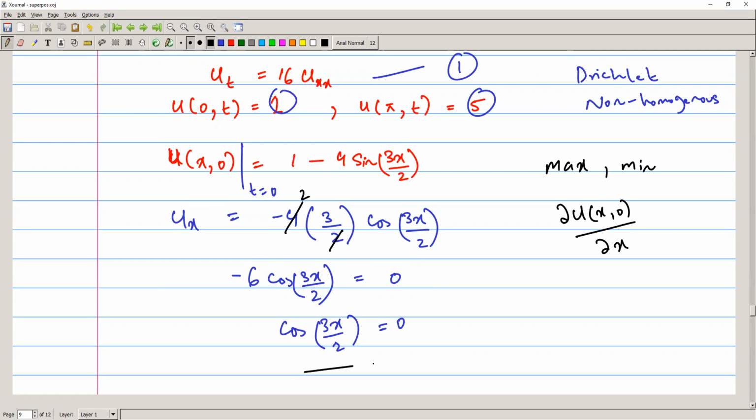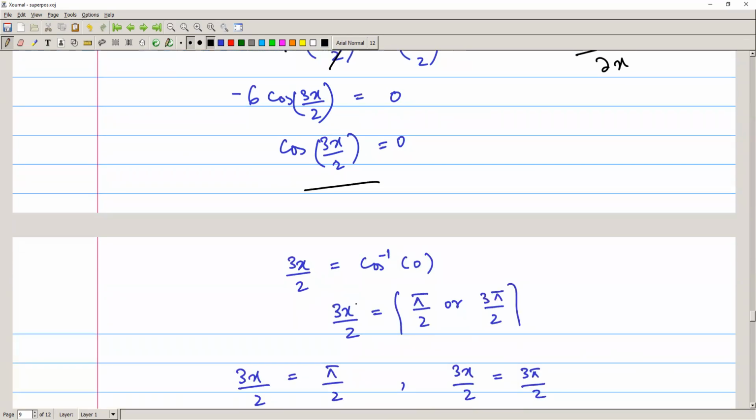So from here, cosine 3x over 2 equals 0. It means that 3x over 2 equals cosine inverse of 0, right? So now cosine inverse 0 gives us two values, that is pi over 2 and 3 pi over 2 respectively, because cos pi over 2 is also 0 and cos 3 pi over 2 is also 0, right?